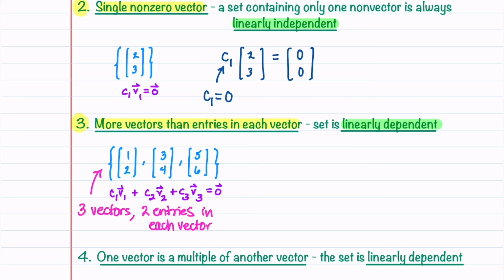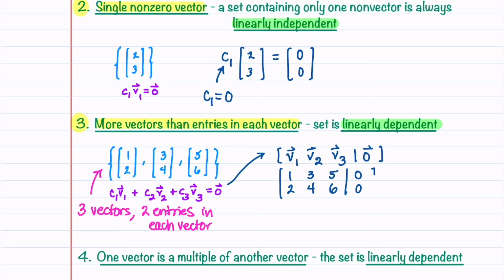To understand why this happens, with this example, we're going to put our vectors into an augmented matrix. Our augmented matrix is going to be v1, v2, v3, augmented with 0, and we'll go ahead and put in our vectors. We have 1, 2, 3, 4, 5, 6, and 0 on the right-hand side.